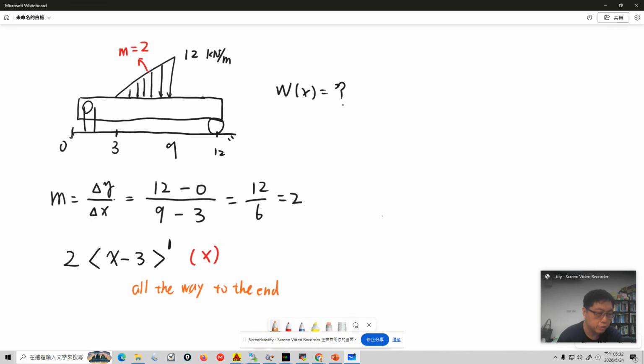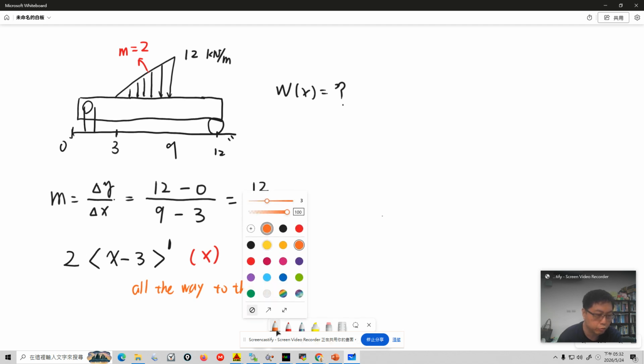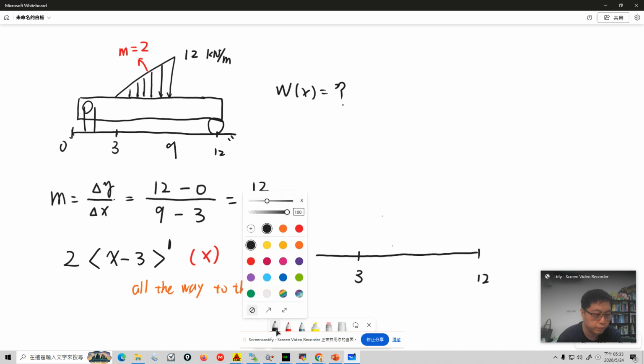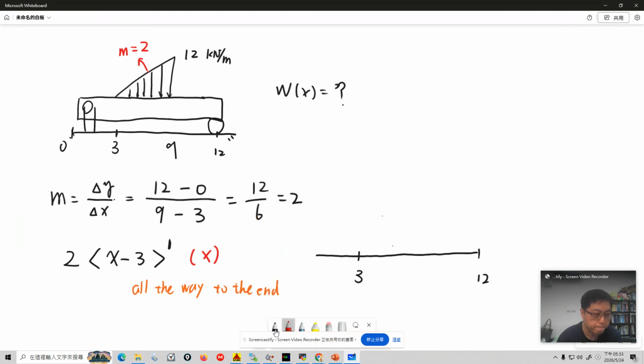That means this triangle distributed load is like this. I have to draw the picture again. Let's say it starts at 3 and the end is 12. This discontinuity function means all the way to the end.